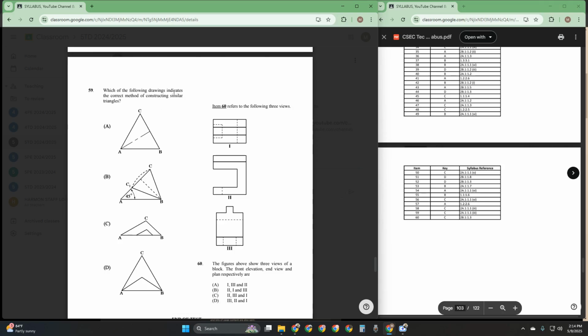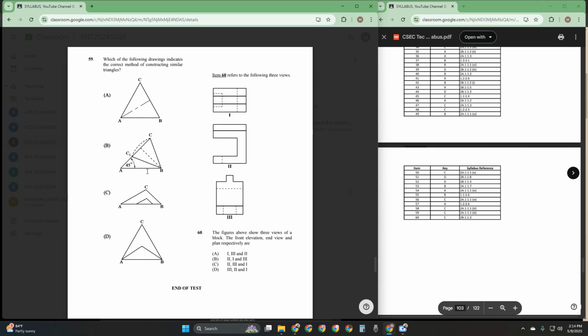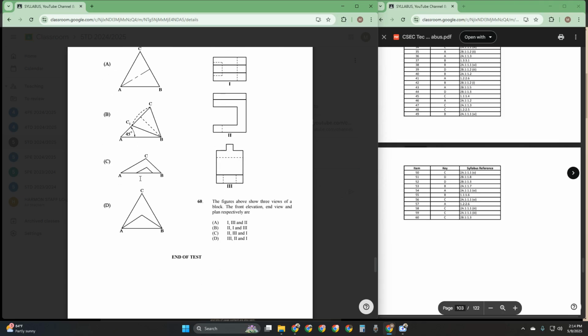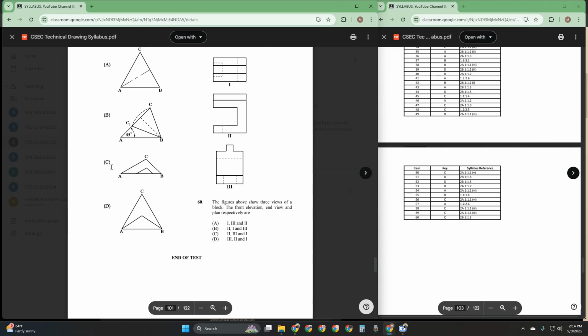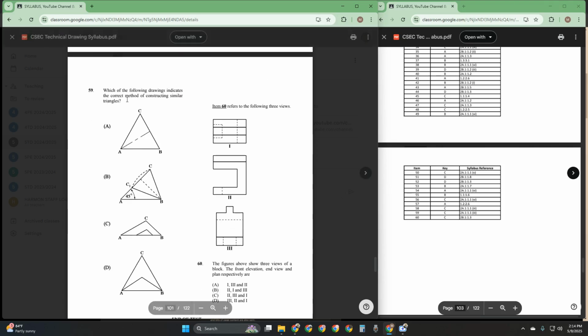59. Which of the following drawings indicates the correct method of constructing similar triangles? All right, we have A, B, C, and D. Very interesting question. 59C.